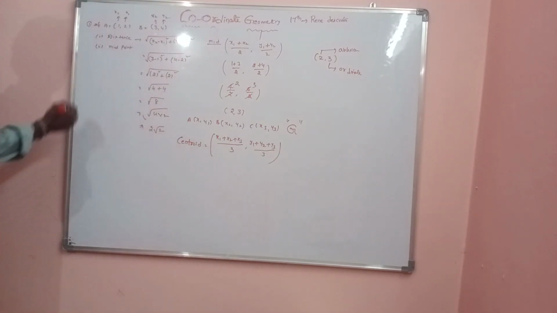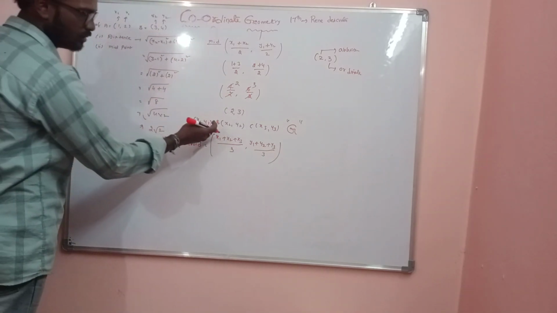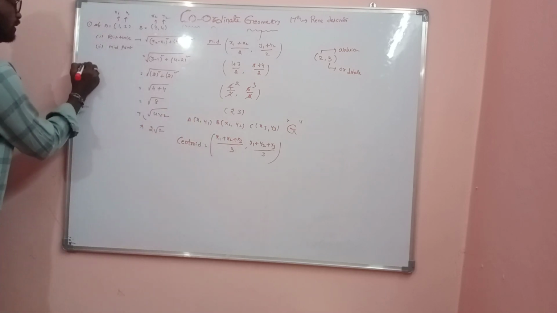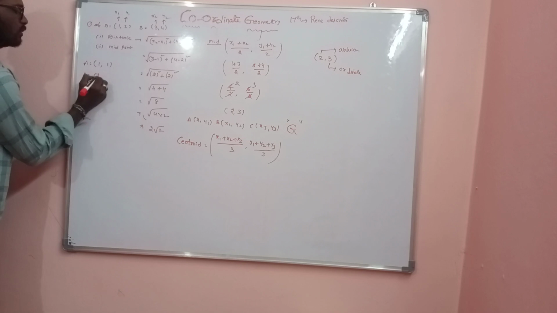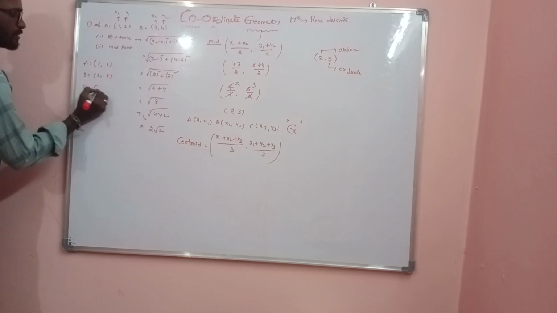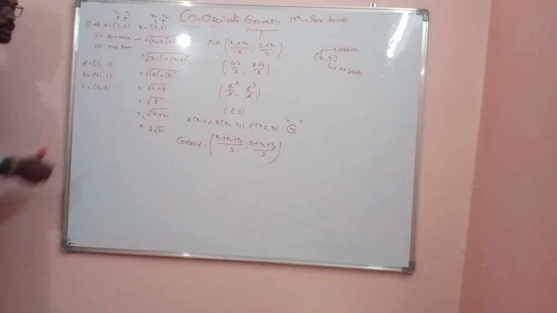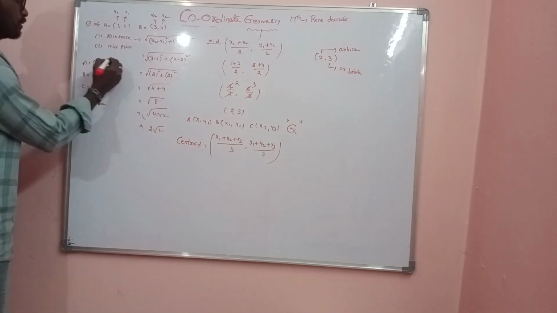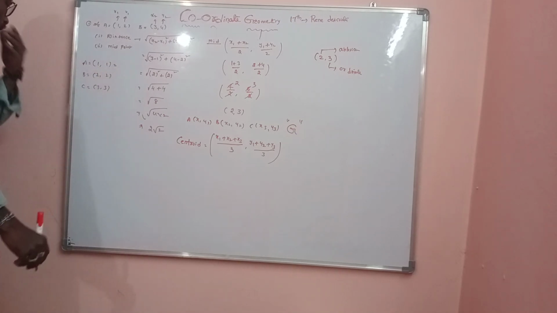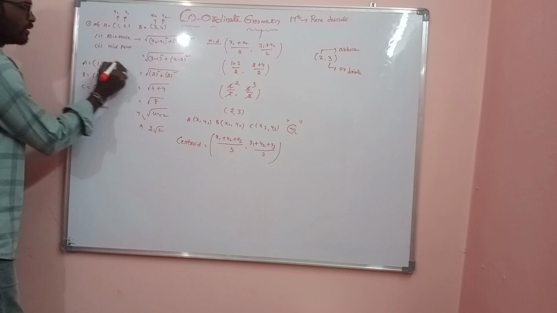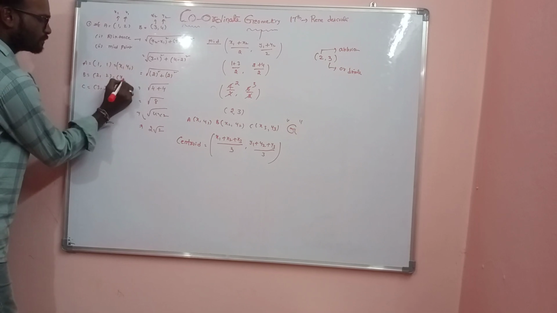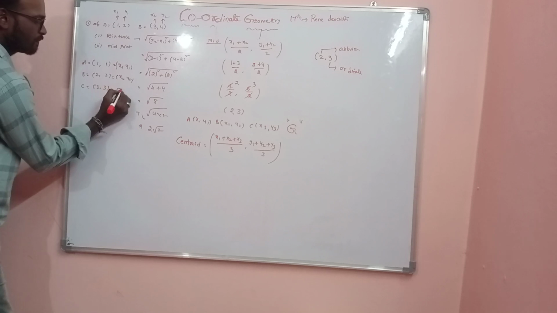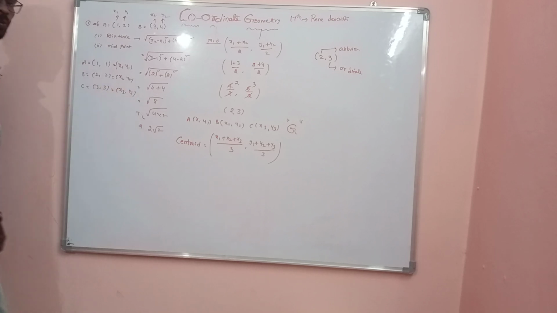Let us consider one more example for the centroid. A value 1 comma 1, B value 2 comma 2, C value 3 comma 3. Here this is the x1 y1 value, this is x2 and y2, this is x3 and y3.